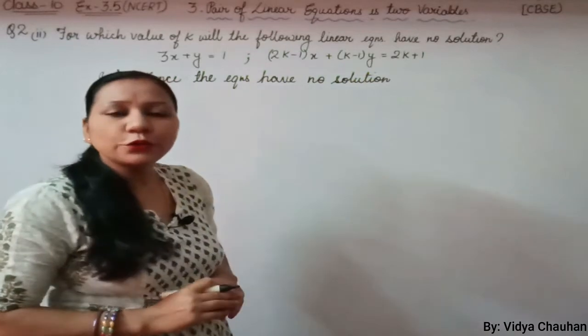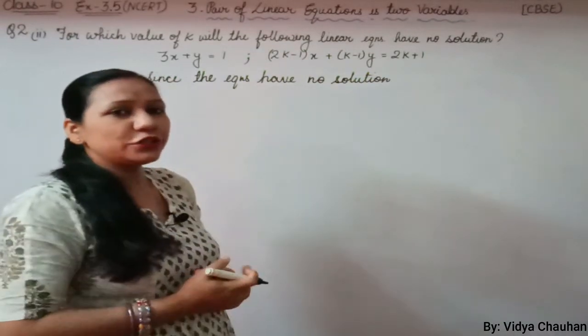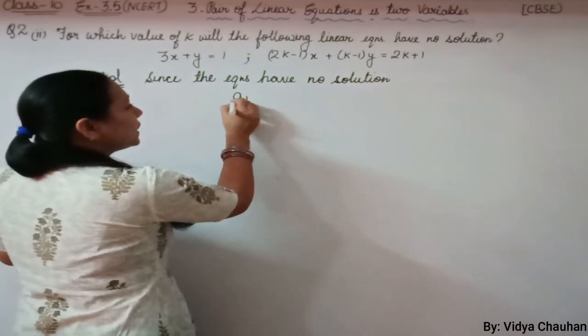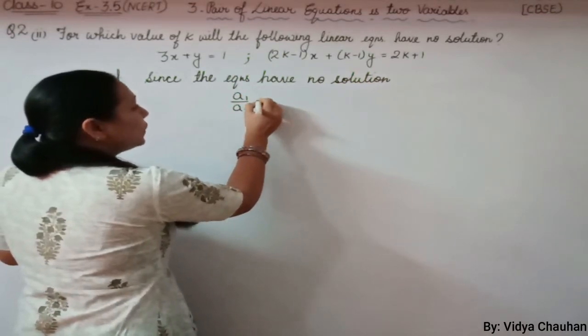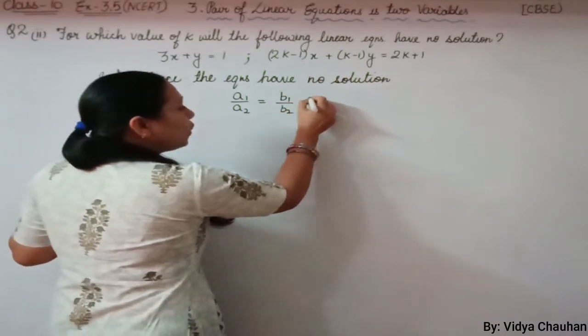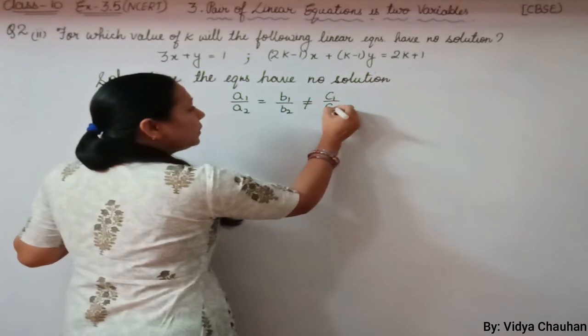So now you need to find what was the condition of no solution according to the graphical method, and the condition was a1 upon a2 equals b1 upon b2 but not equal to c1 upon c2.